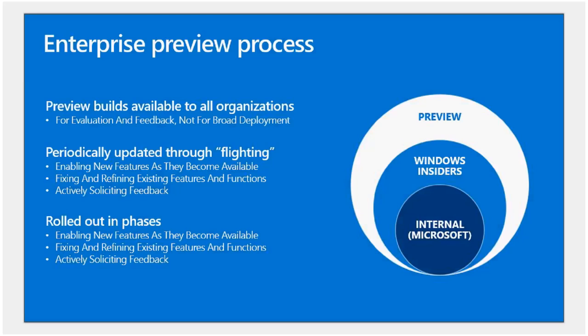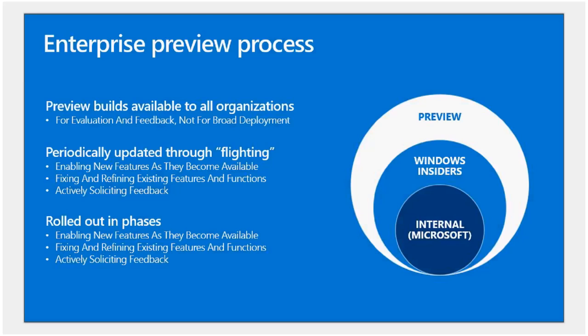So we envision customers will want to continue to have devices enrolled with the Insider program so they can see the new features as they become available, evaluate them, provide feedback on those, and pass that back to us so that we can be making real-time adjustments and real-time fixes in the new features as they're being developed.